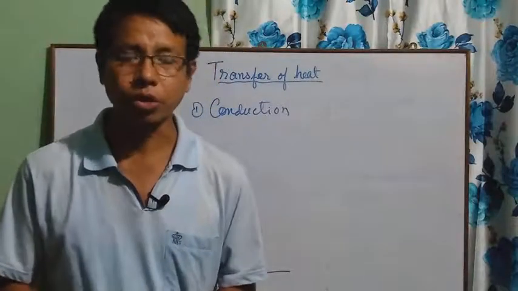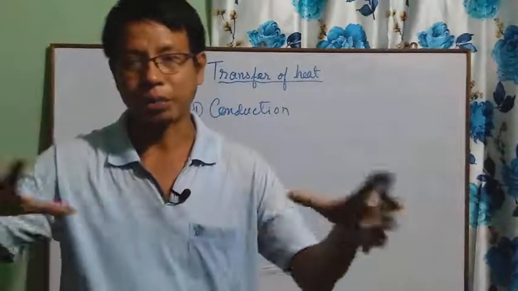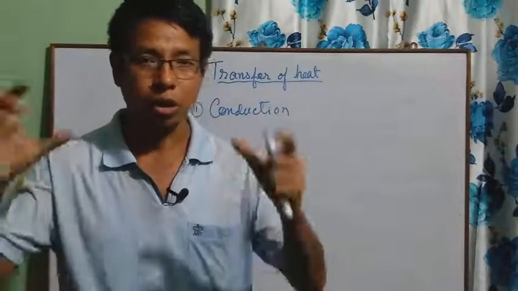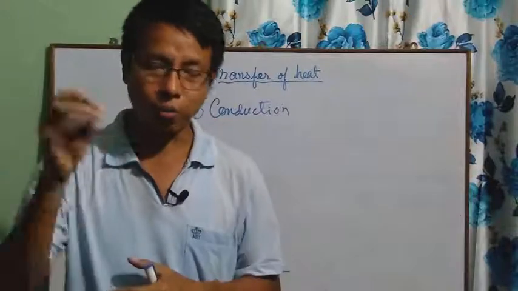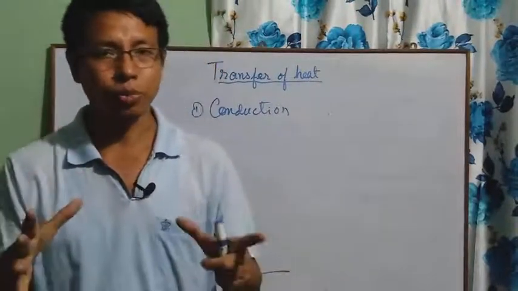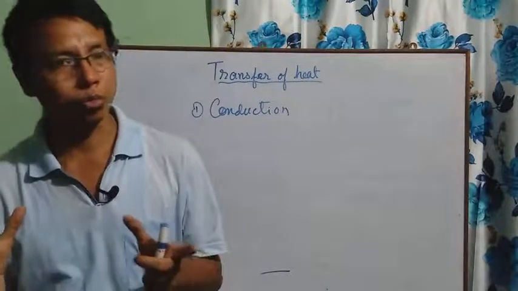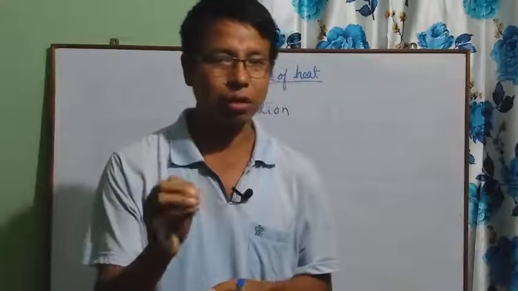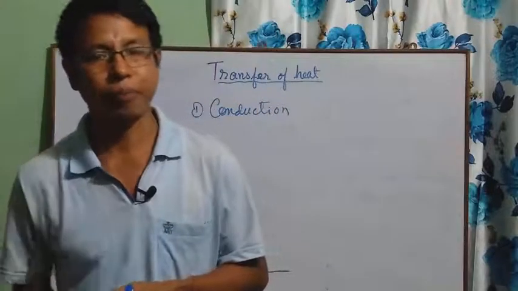What we do is cover the ice with a gunny bag. Then it will not melt, because the outside heat cannot pass through the gunny bag and will not reach the ice. So we can keep that ice for a longer period of time without melting. So this is the use of a bad conductor, the gunny bag.